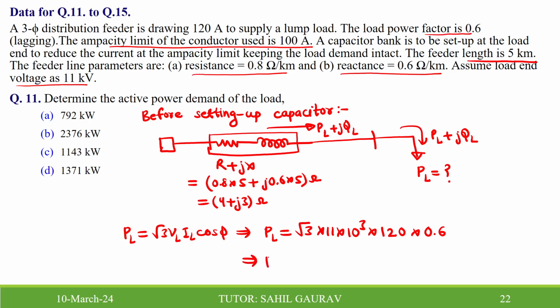Therefore, the active power demand of the load is 1371.78 kilowatt. Therefore, D is the correct answer.